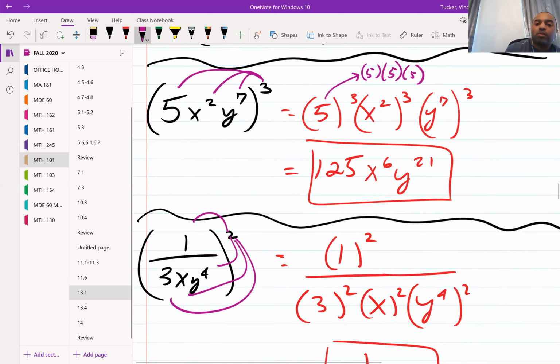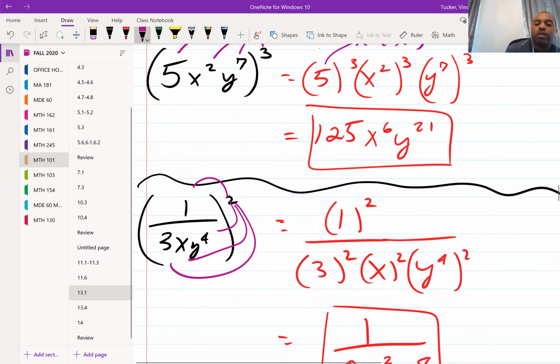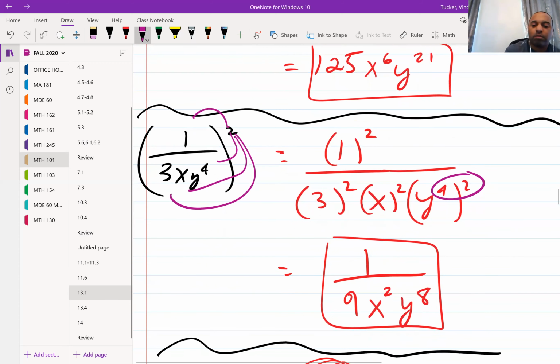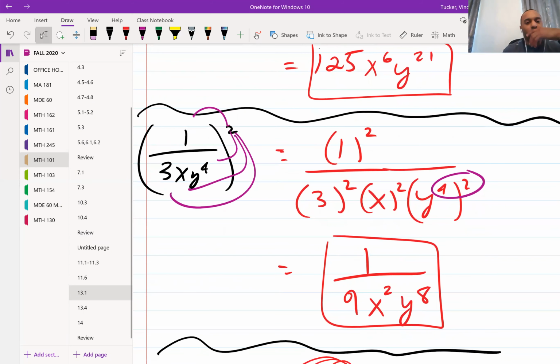All right, so 1 squared is 1. 1 times 1 is 1. 3 squared is 3 times 3, which is 9. x squared is just x squared. But then here, we have y to the 4th raised to the 2nd power. 4 times 2 will give us 8. Any questions? Make sure we're all right.